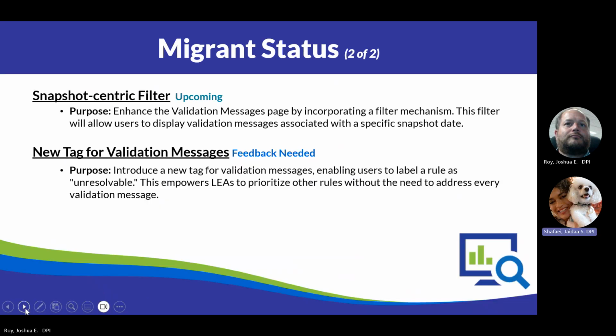Snapshot centric filter. This is something we received from our customer service team to help them with their support, but I think districts will find this very useful. The idea is we wanted to add a filter in the validation messages page. You know how you can filter your validations to only view maybe warnings that have not been acknowledged or warnings that have been acknowledged?